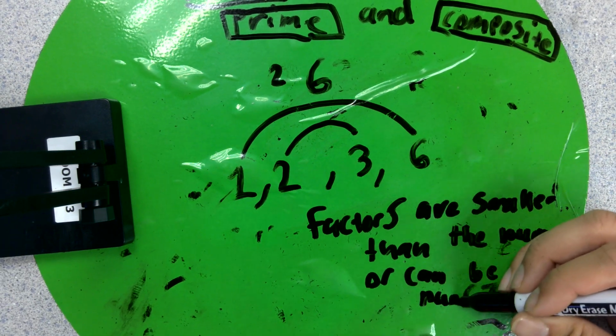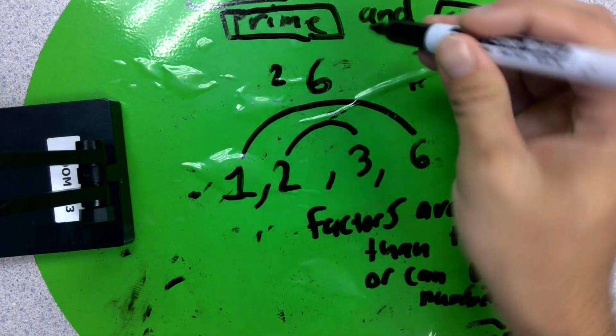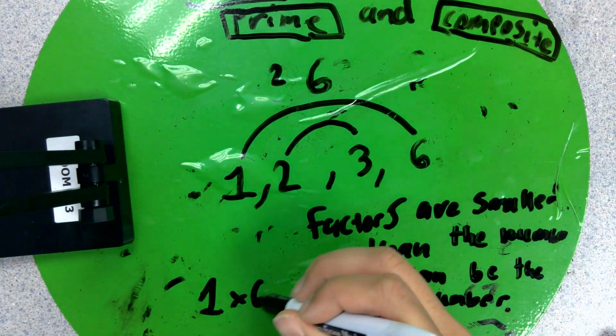And the reason is, factors make up the numbers we multiply in order to get a product, in this example, 6. So 1 times 6 equals 6.